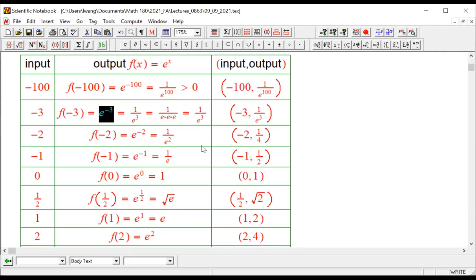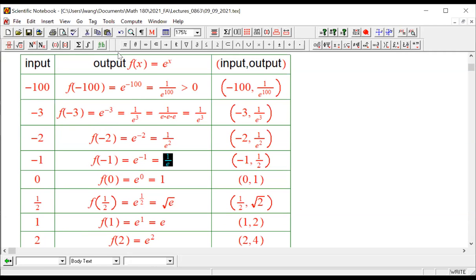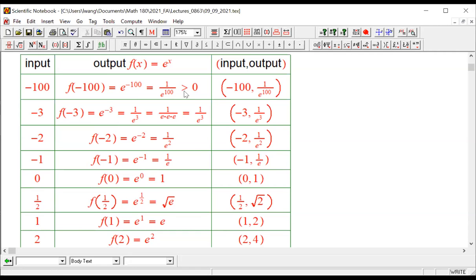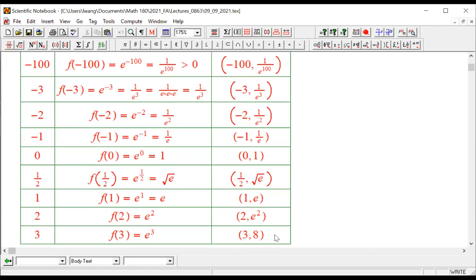Over here, you can use 1 over e squared. And over here is 1 over e, or you can use e to the power -1, either one because they're the same. This is just 0, 1. Over here is the square root of e. This is e, this is e squared, and this is e to the power 3.